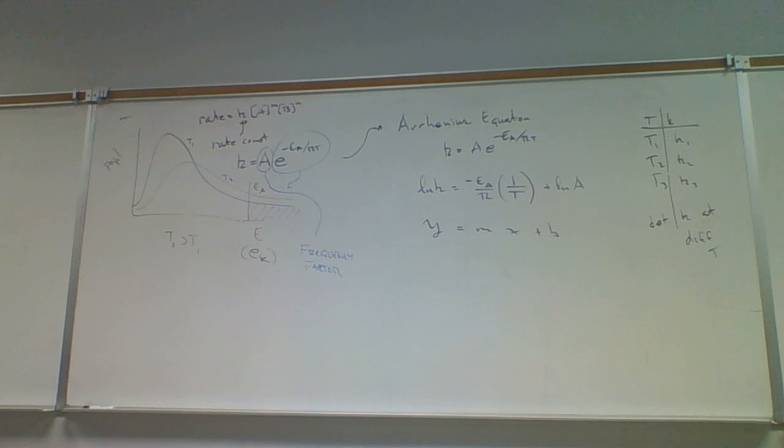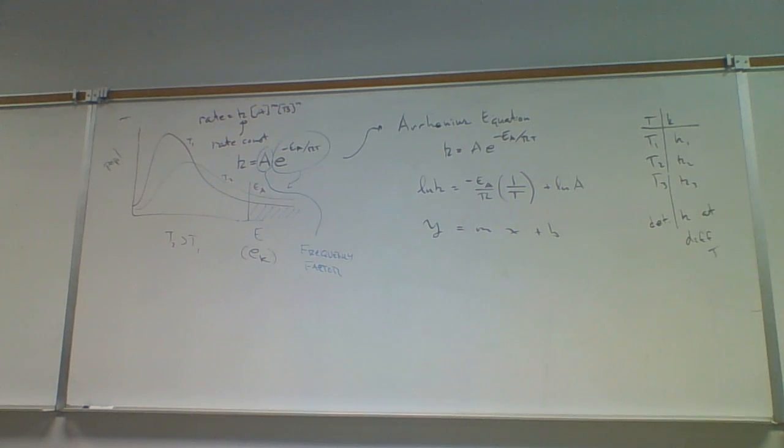And what are we going to get? We're going to get A from the intercept. This is ln of A, so then we can calculate what A is, the frequency factor. The slope is equal to minus Ea over R. R is the gas constant. Is it 0.0820?